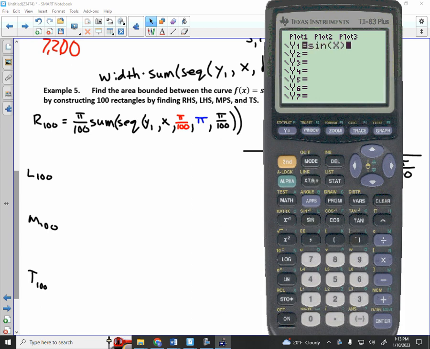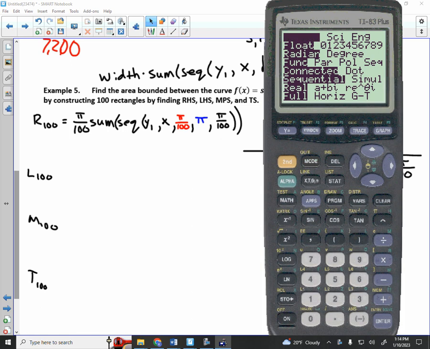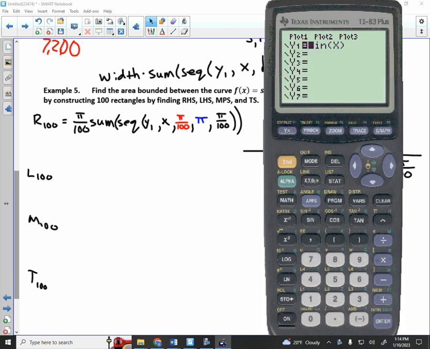Let us make sure that we are working not in degrees, but in radians. Does that sound like a good idea? Remember how to check that? Mode. I'm working in radians. Please make sure you're working in radians. Was there anybody sitting in degrees? Nobody? Okay. All right, we entered our function into y equals.